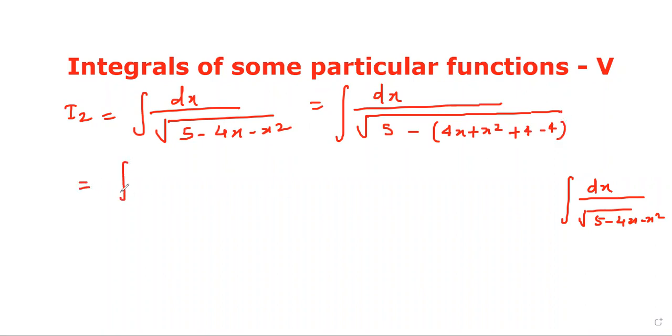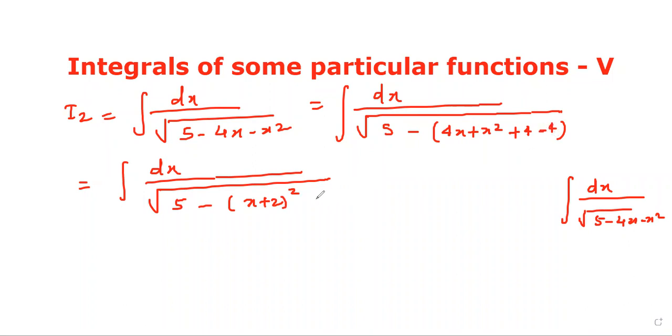It will become integration dx divided by root of 5 minus (x plus 2) whole square, and when this minus is multiplied to this minus 4, we get plus 4. This is equal to integration dx divided by root of 9 minus (x plus 2) whole square.